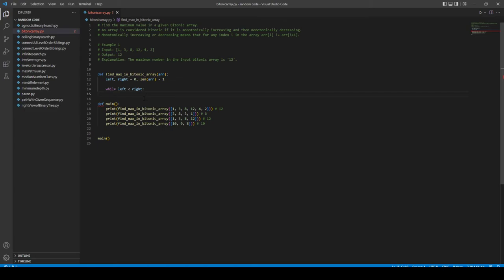We just want the answer where left and right are equal to each other. So that's one of the major differences. The other difference, I'll explain when I get there.